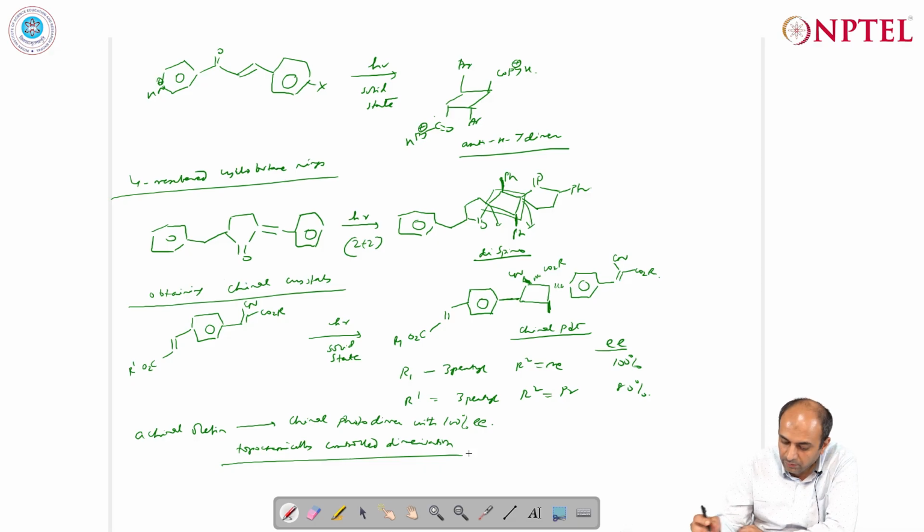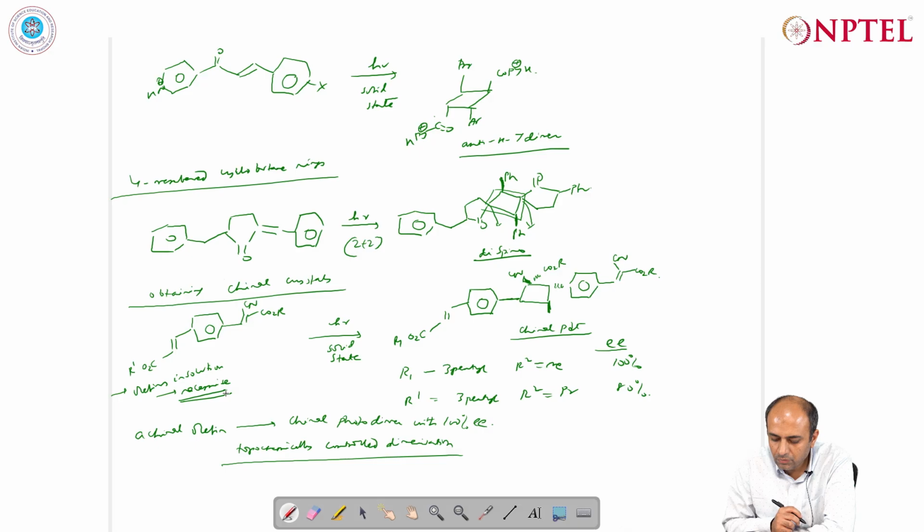On the contrary, when you take these olefins in solution, they simply racemize. So this is a difference. In solid state you have chiral products, but in solution they simply racemize.